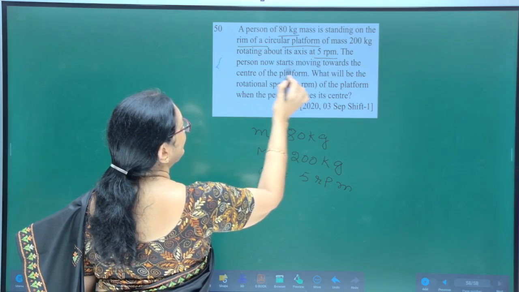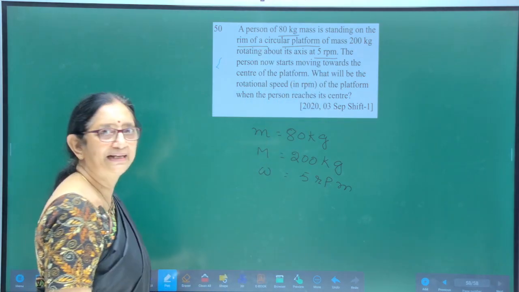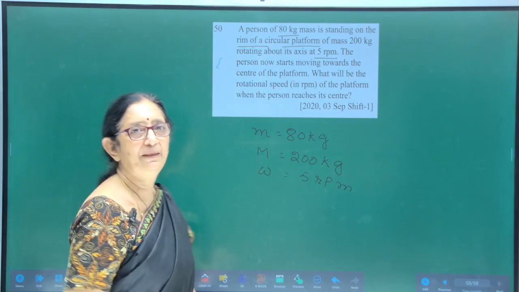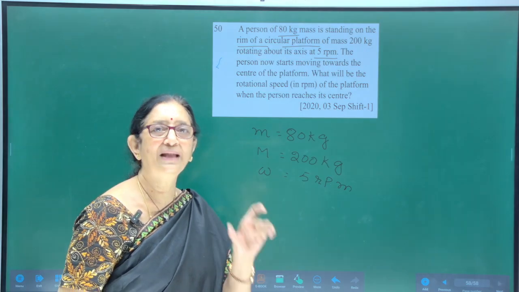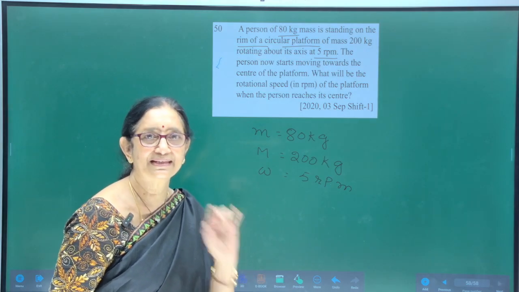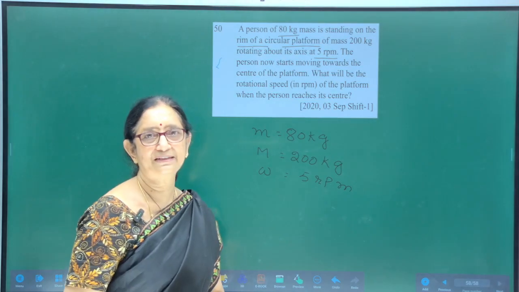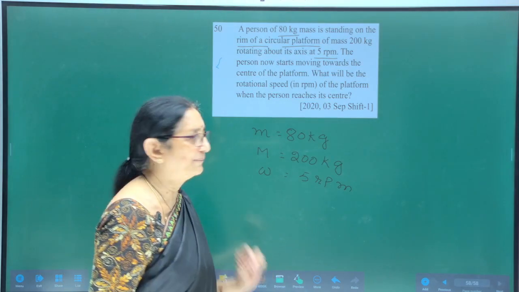The person now starts moving towards the center of the platform. What will be the rotational speed, that is its angular velocity, when the person reaches the center of the disc? It is based on the law of conservation of angular momentum.